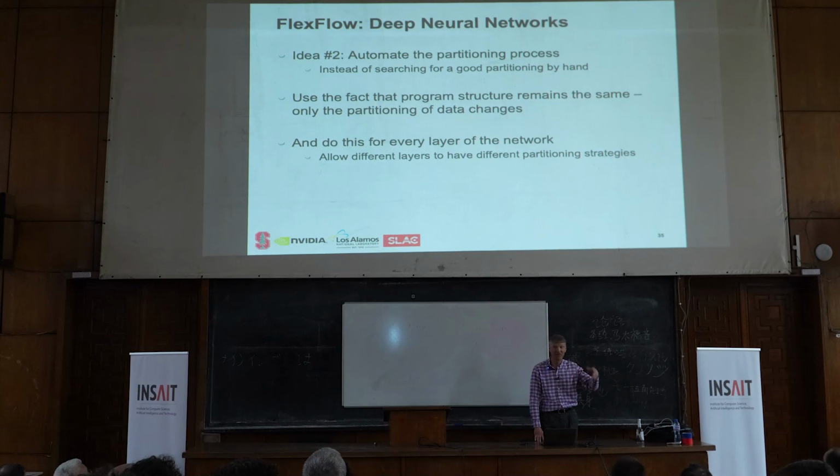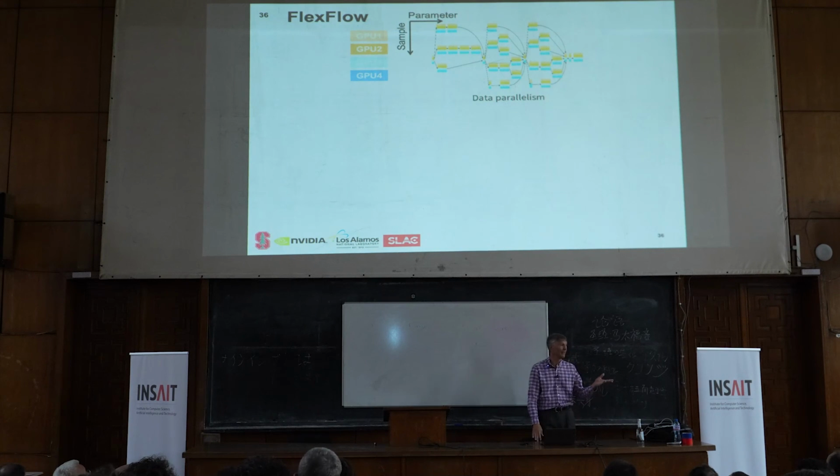Just try lots and lots of partitioning strategies and see if any of them are any good. So you don't have to come up with a partitioning strategy yourself. You could have some search procedure that will discover the partitioning strategy for you. And you could do that for every layer of the network. So every layer of the network could have its own partitioning strategy. That may or may not be better, all right? But then you'll just pick the best one at the end.